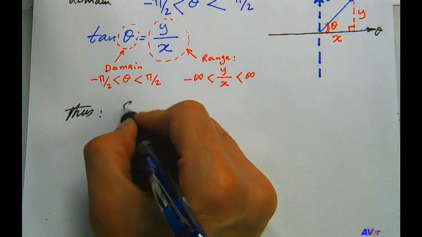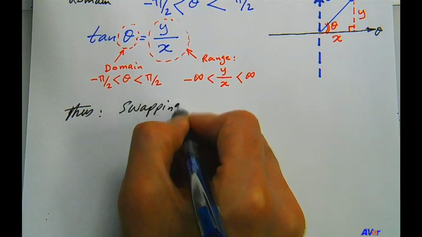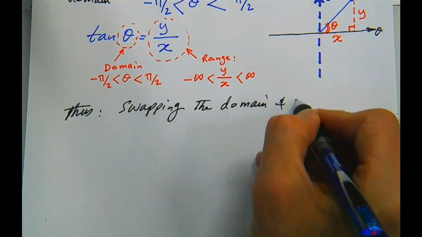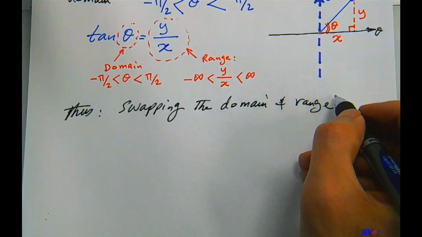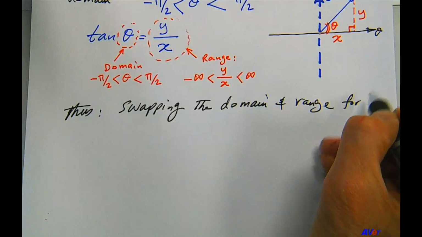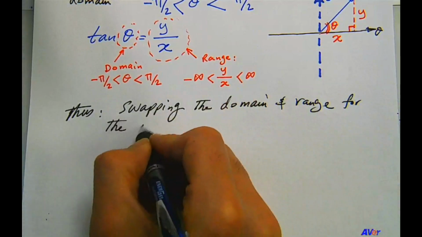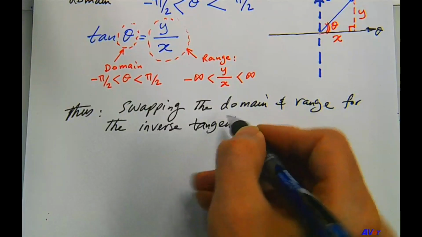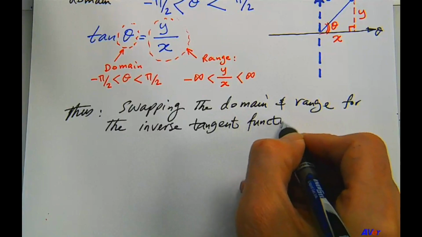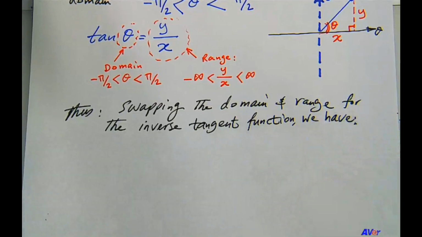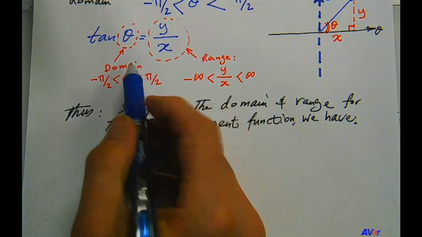So thus, swapping the domain and range, we have, so what happens?